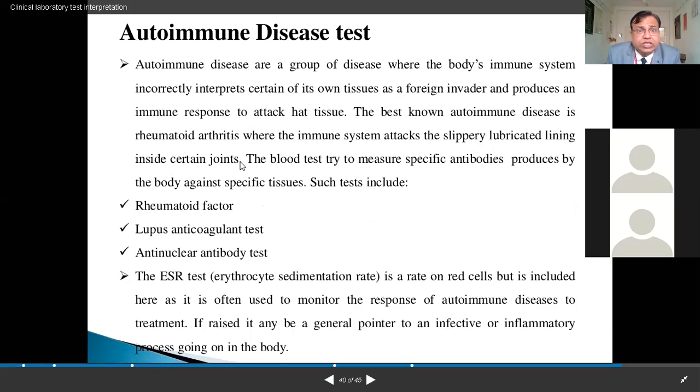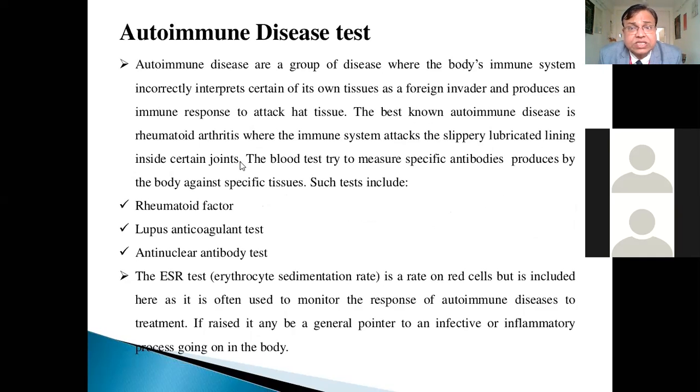Now, autoimmune disease test. Autoimmune diseases are a group of diseases where the body's immune system incorrectly interprets certain of its own tissue as foreign invaders and produces an immune response to attack or destroy that particular tissue.